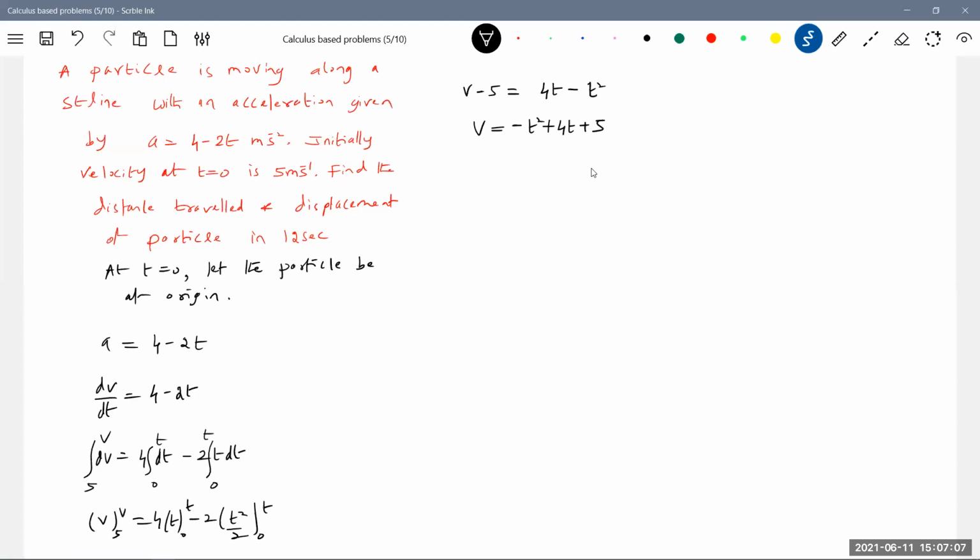Okay, this expression, to find the distance traveled and displacement, they are asking. We got the velocity now. To get the displacement, directly velocity is dx by dt.